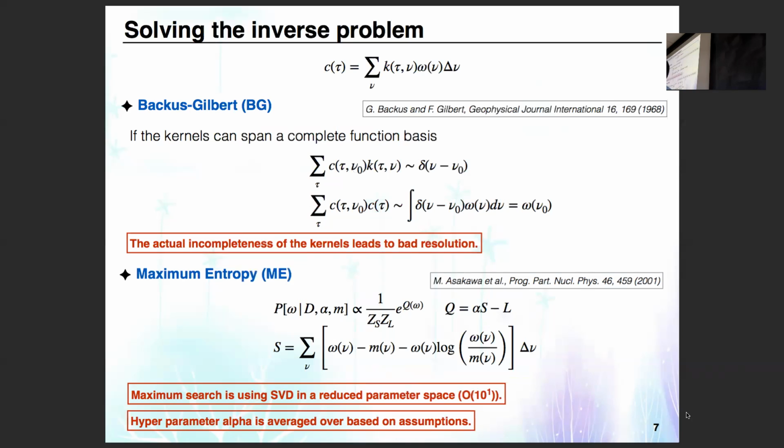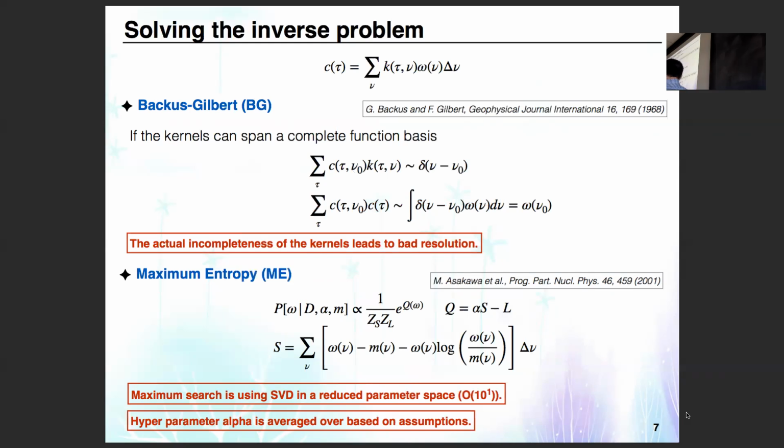The second method we explored is the maximum entropy method, which I call ME. This is a Bayesian method. The probability, which is a conditional probability given the data D, a default model M, and some hyperparameter alpha, of finding the solution function omega is proportional to e to the power Q. Q is this function.